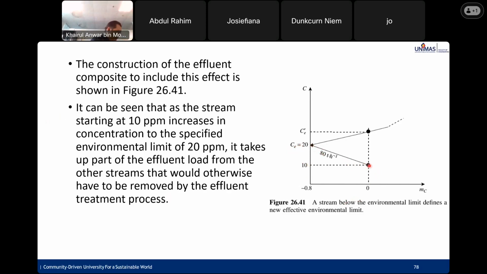The discharge should be 20 ppm, still the same, with 80 ton per hour of flow rate. So negative 0.8 here. So MC here refers to kilogram per hour.